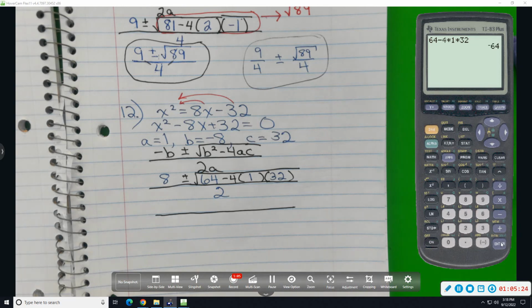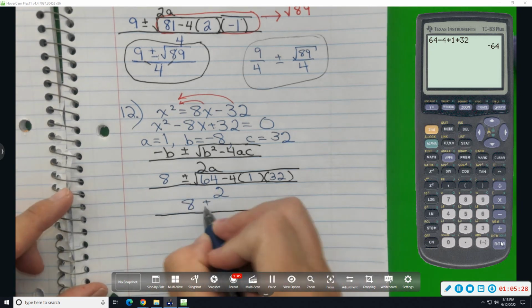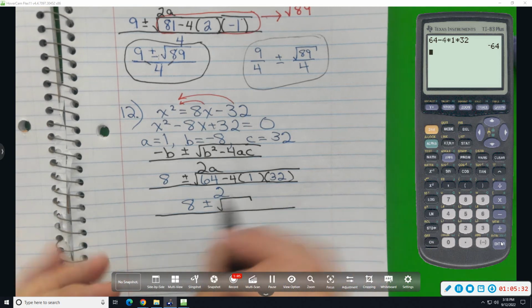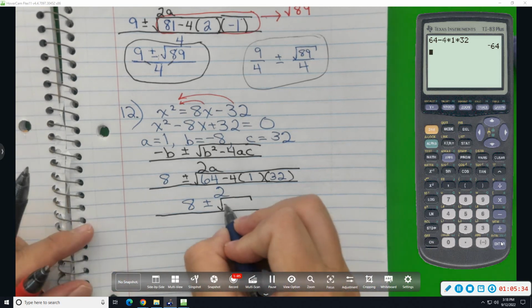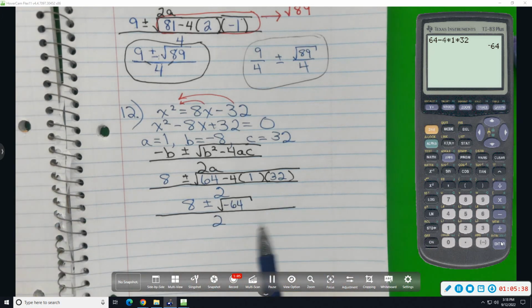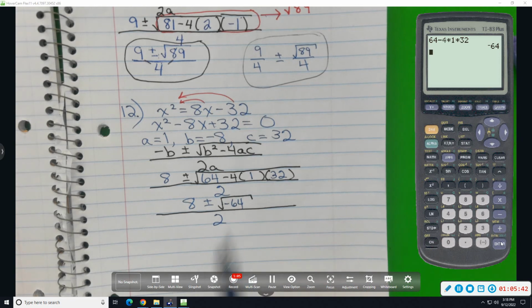Which is a negative 64. Oh, this is working out nicely. We have the square root of a negative 64. It's been a long time since we've seen this, a perfect square under the radical. What's the square root of 64? 8. But since it's negative, what am I going to have to stick on there? An i.